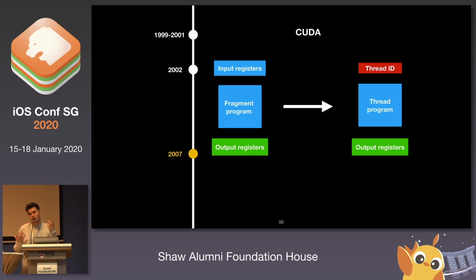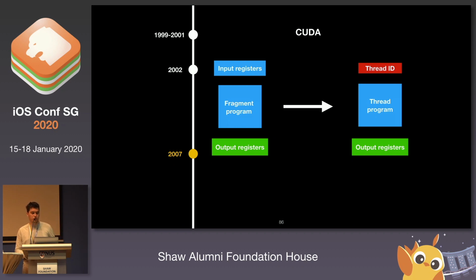What CUDA initially did is introduce a very simple concept of compute shaders. They took fragment shaders and said, hey, we don't really need to use them for pixels on a screen. We can just feed the shader an arbitrary ID instead of its position and let it compute anything else.